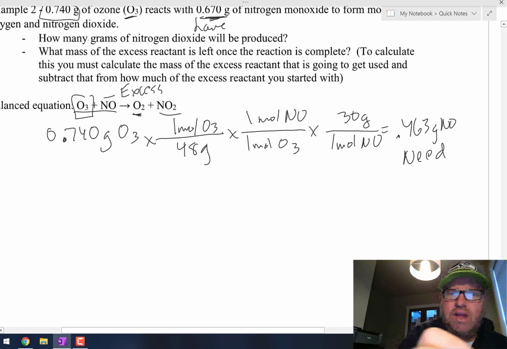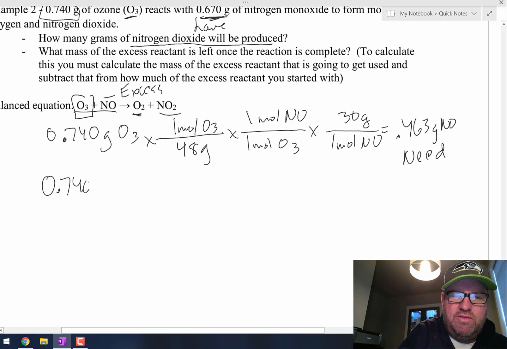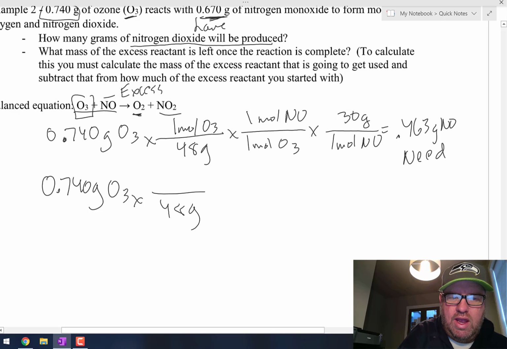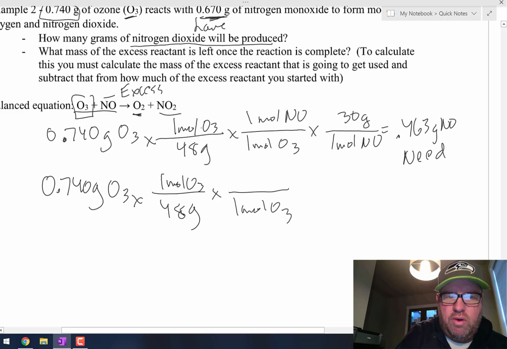So now to answer the question, how many grams of nitrogen dioxide will be produced? I must use the amount of the limiting reactant that I have. So 0.740 grams of O3. There's 48 grams in 1 mole of O3. And then from the balanced equation, 1 mole of O3 makes 1 mole of NO2.